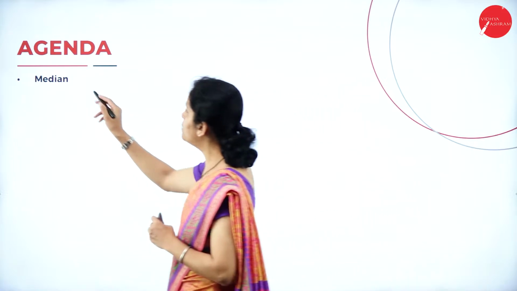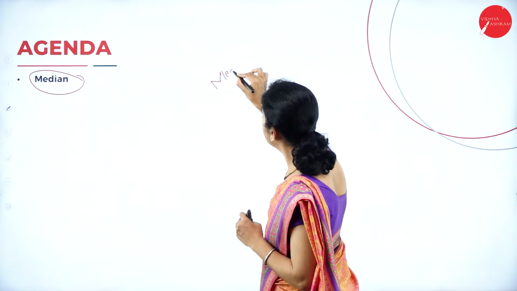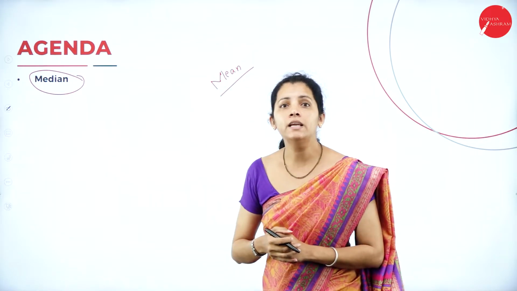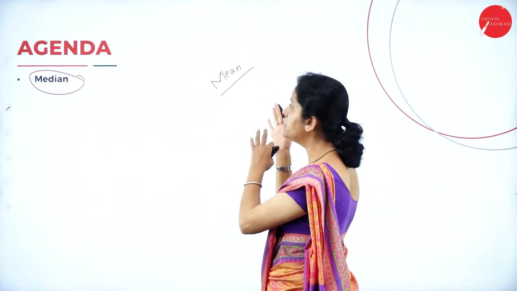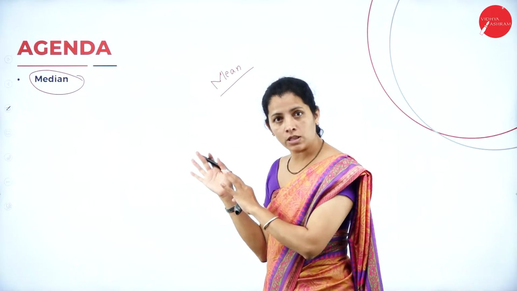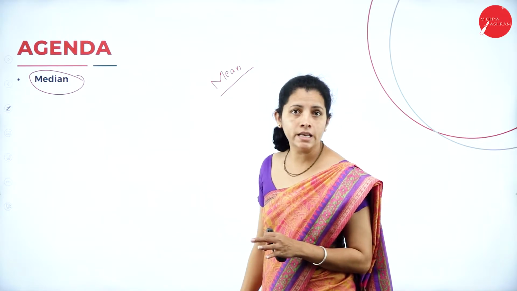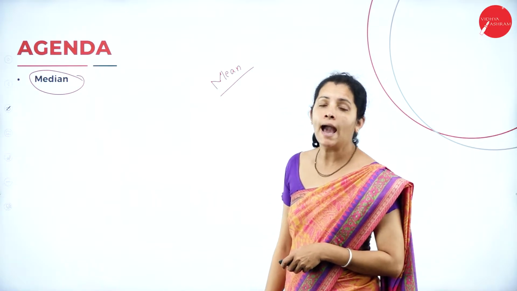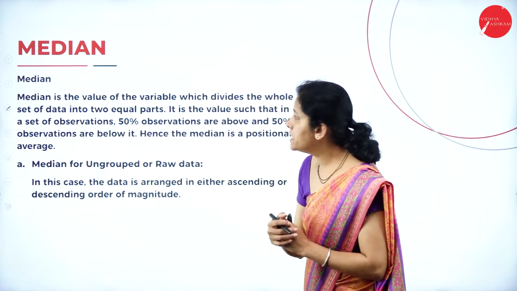So, dear student, what is median? If I consider mean, it is mainly used to find the average. Then what's the difference between mean and median? Are both equal? No. Because by using median, I'm going to find the mid value of the given observations.